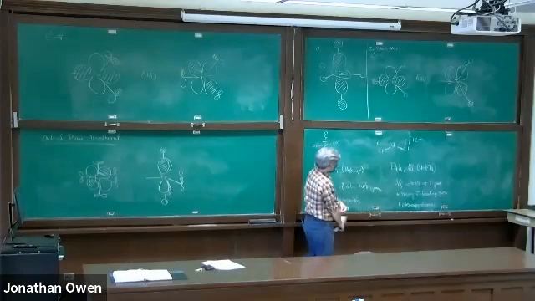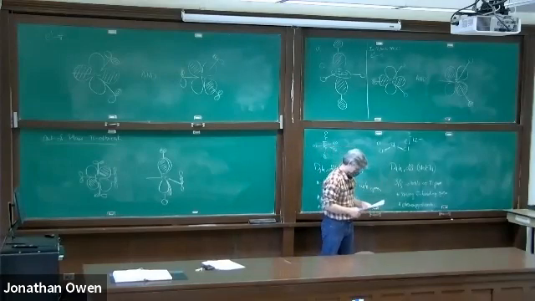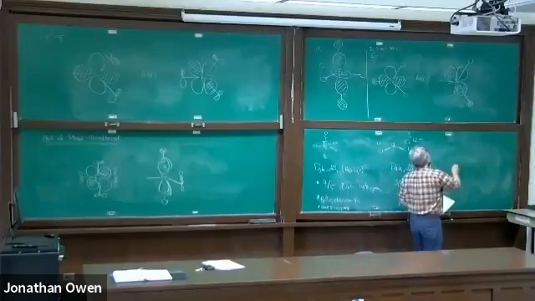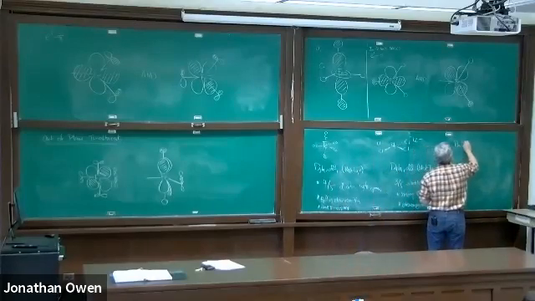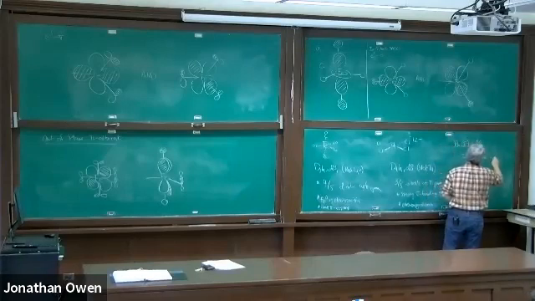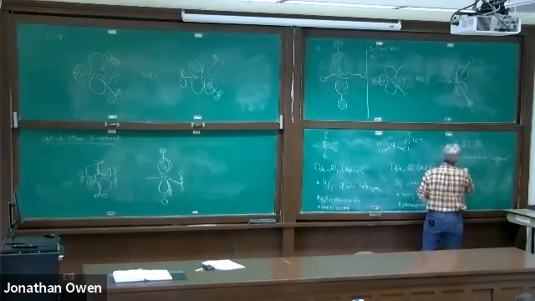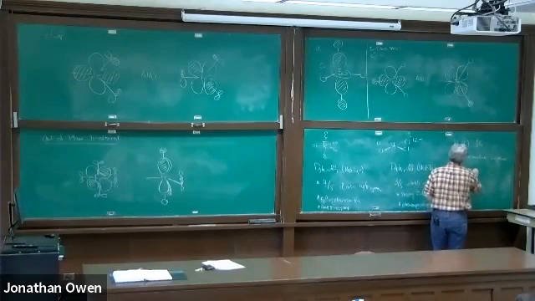And you start getting tetrahedral or D3h instead of C4v or whatever. All right, rhodium 1, also d8. It has intermediate properties. It does both, kind of depending upon what the ligands are.